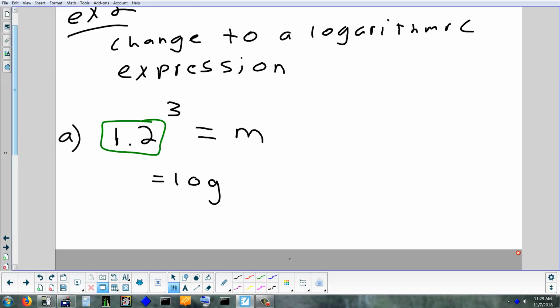Gabe, if I look at my base in the exponential problem, what is it? 1.2. So that's going to be the base of my log. All right. Now, logarithms always equal what kind of number? Emily? Exponent. So now my exponent is 3.